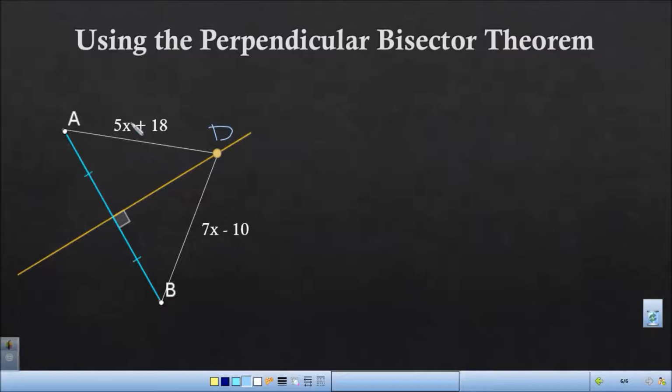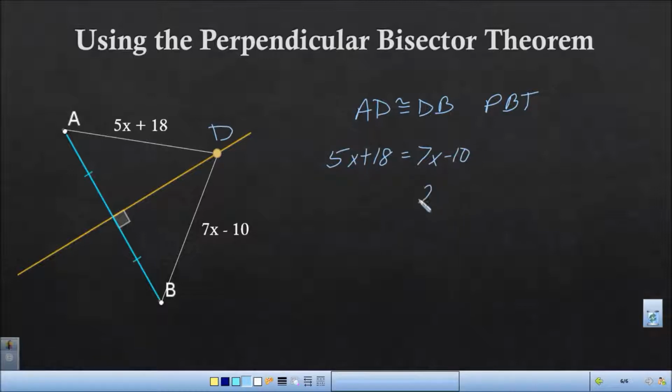Our goal is to set these equal, but we can't without the perpendicular bisector theorem. Since the yellow line is a perpendicular bisector, we can say AD is congruent to DB, perpendicular bisector theorem. So 5x plus 18 is equal to 7x minus 10 by substitution. Then 2x is equal to 28 and x is equal to 14.